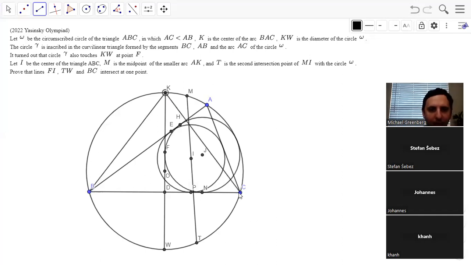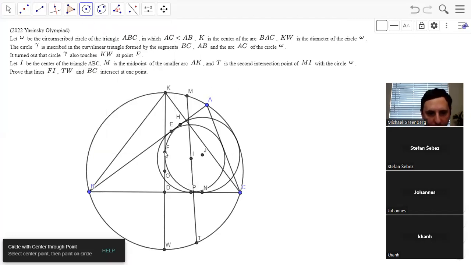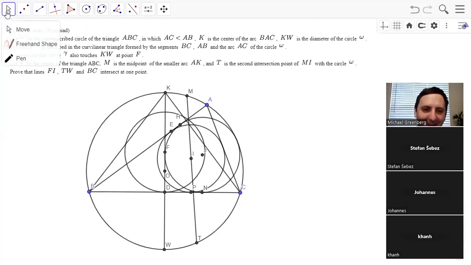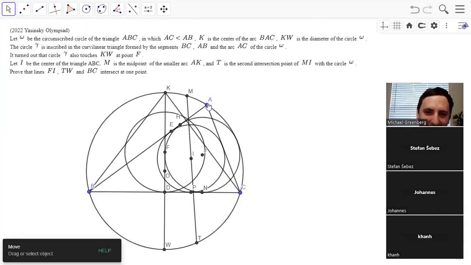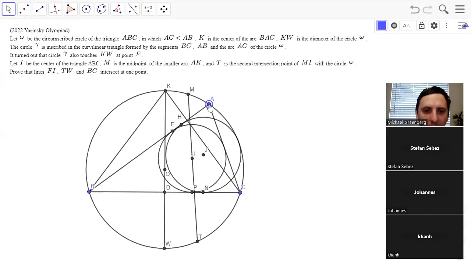Interesting. Oh yeah, my diagram is that bad. You should construct a good diagram. Wait, can you explain why F is the incenter again?